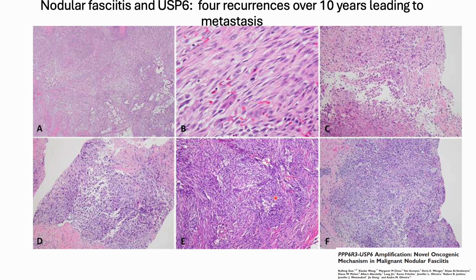So here's an example of a case of nodular fasciitis that did metastasize. So panels A and B represent the initial diagnosis of nodular fasciitis. Here you can see the red cell extravasation again, the myxoid areas. But this recurred 4 times. It's the first recurrence, second, third, fourth. And by the time of the 4th recurrence, 10 years later, this tumour had also metastasized. All of these tumours had the USP6 fusion.